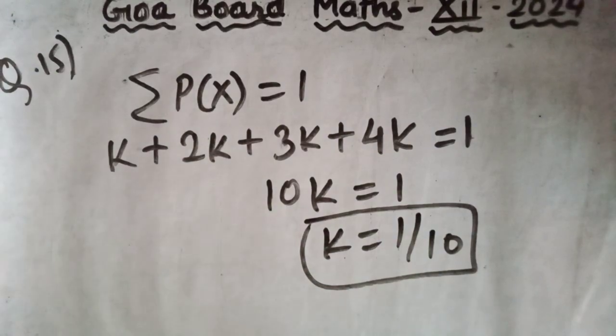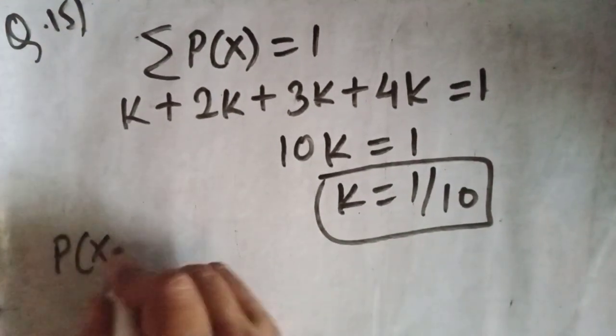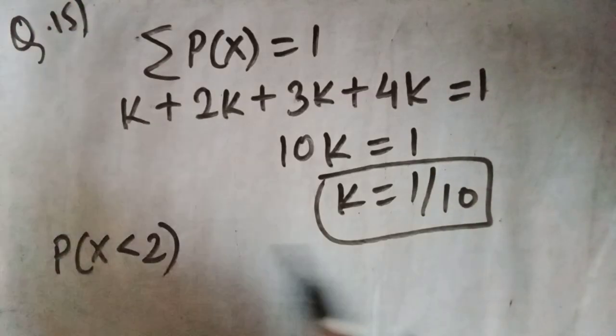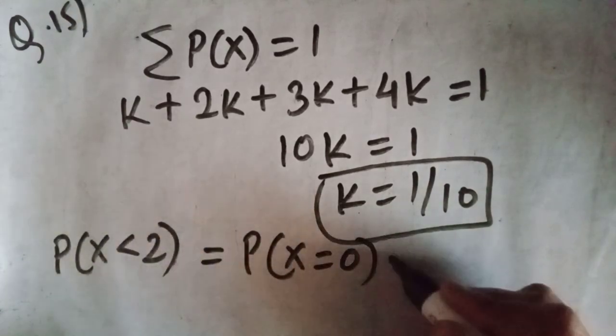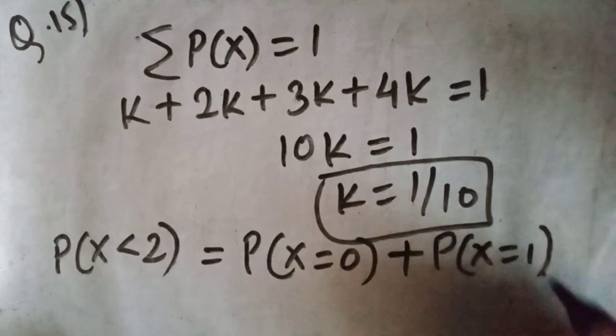Okay, we got k. Now we have to find p of x less than 2. So we have to write for 0, for 1. Okay, p of x equal to 0 and for x equal to 1.